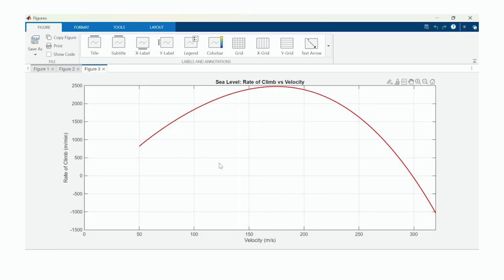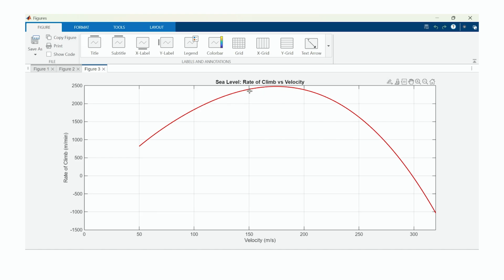All right, so this is how it looks, the rate of climb in the y-axis, and in the x-axis we have velocity. So what did we find in our relations? At around 150 meters per second, our rate of climb was 2395, approximately 2400.